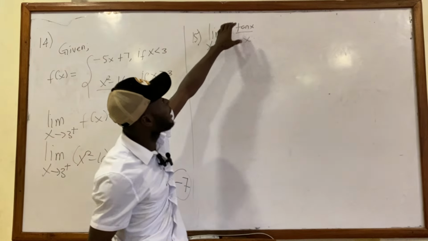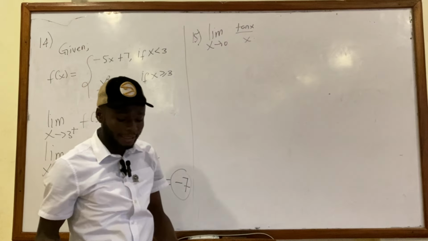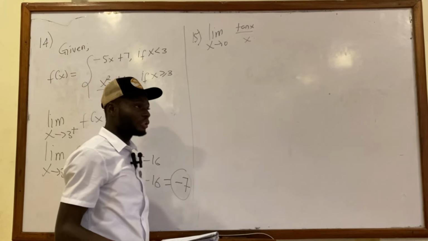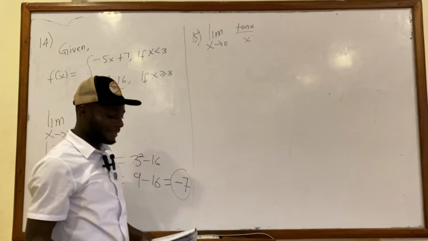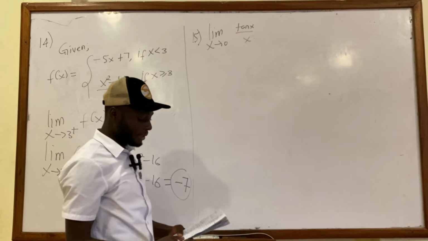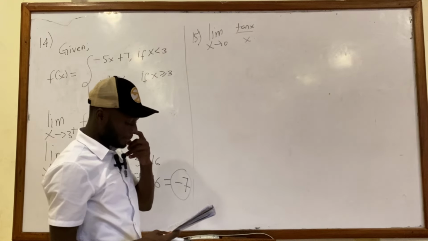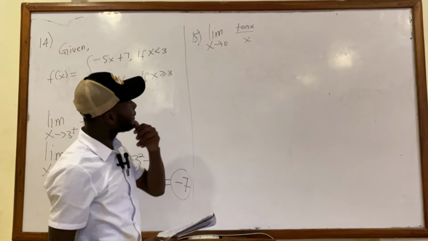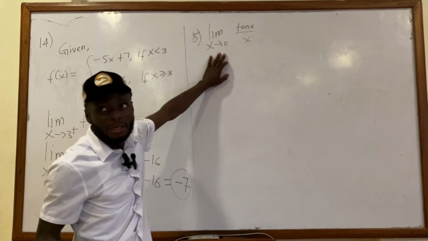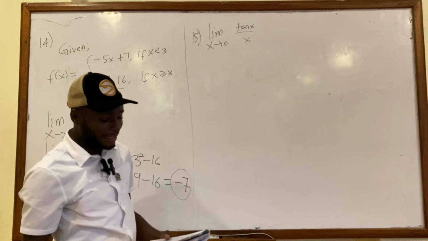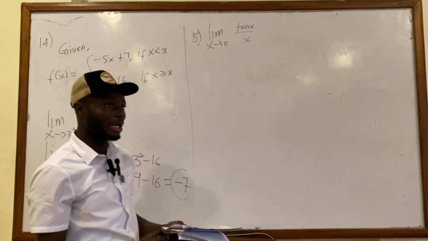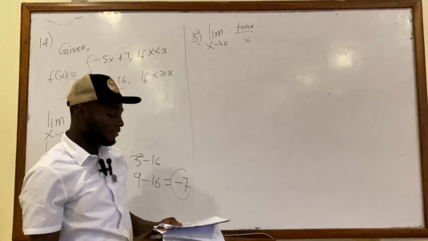This is because tan x and x behave very similarly near 0. So we can use the small angle approximation for tan x.